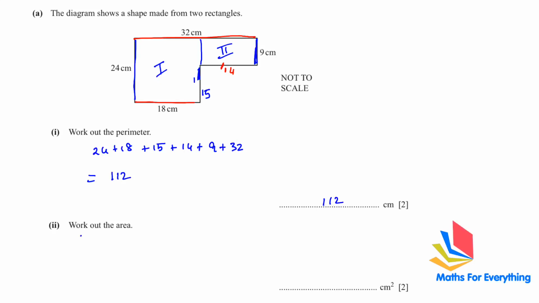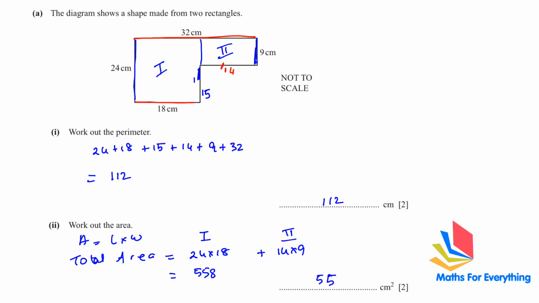Area of a rectangle is equal to length times width. So total area will be the first area, which is 24 times 18, plus the second area, which is 14 times 9. And this will give us 558 square centimeter.